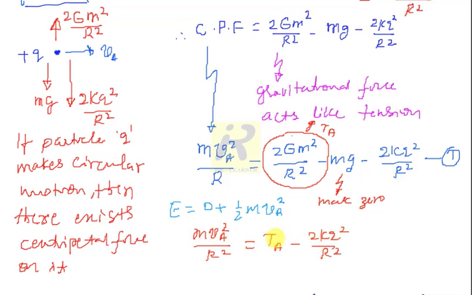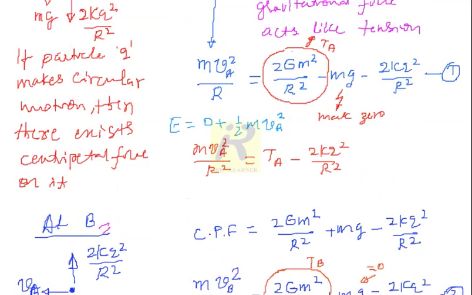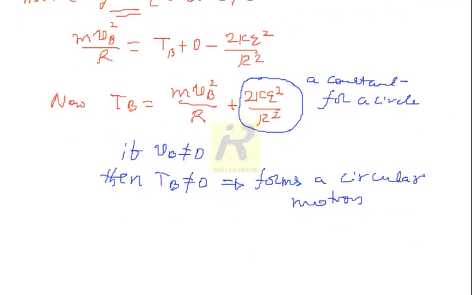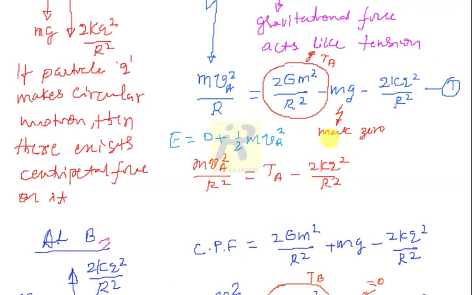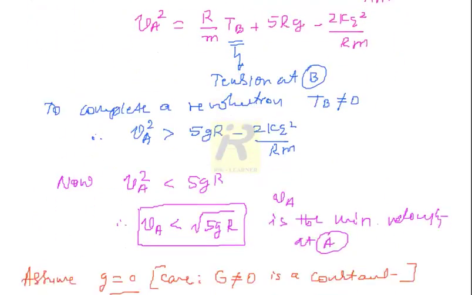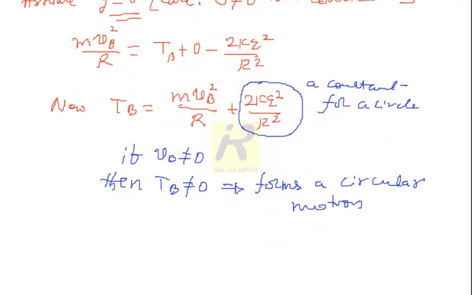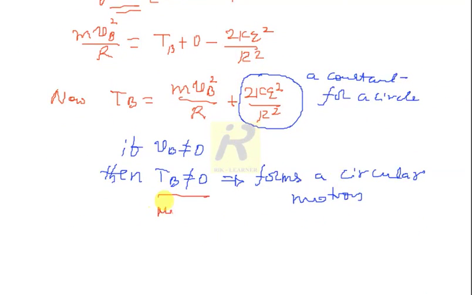So definitely it also makes a circle, as we already discussed in the previous part of the same question. So now I can simply conclude that this forms a circle, that implies Ta is not equal to 0. This is the maximum possible tension. We already proved that TB, which is the minimum possible tension, is also not equal to 0.